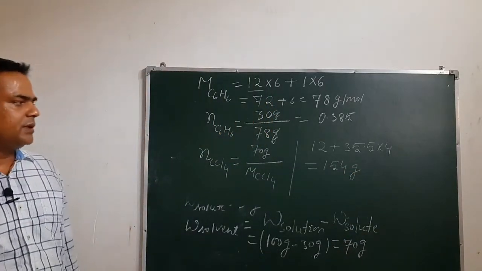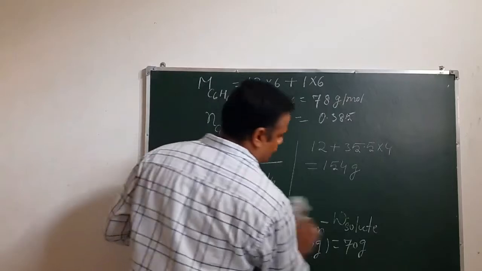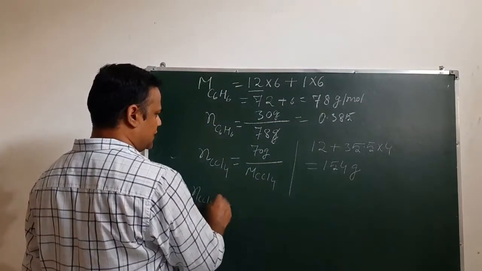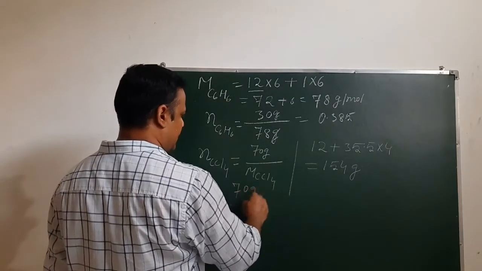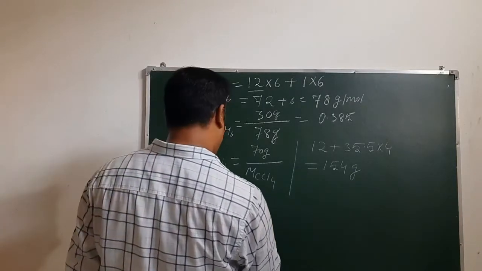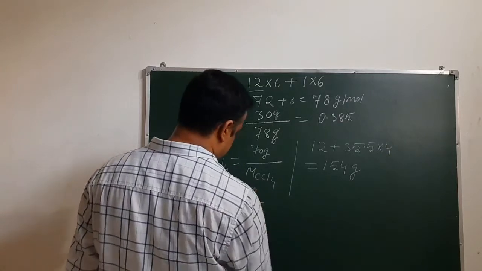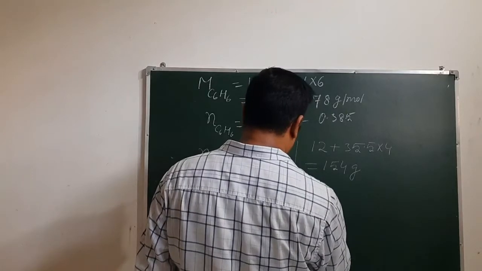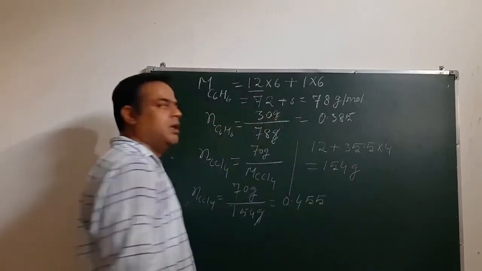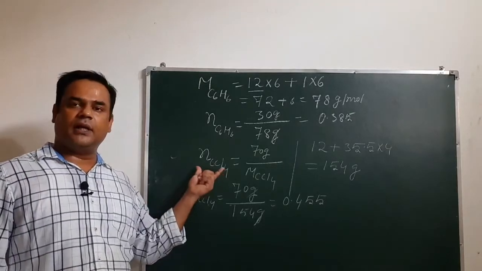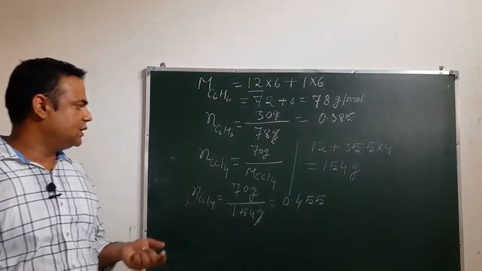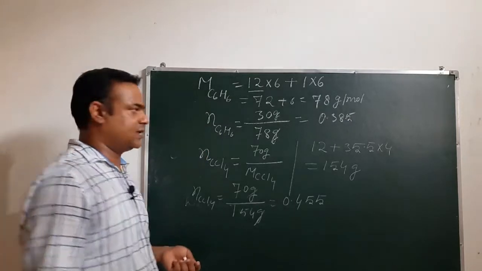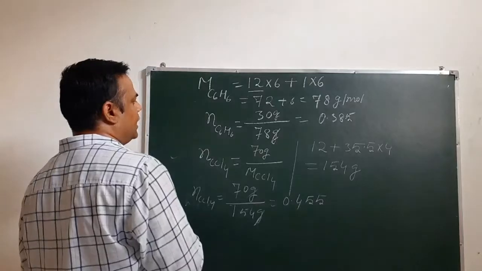So molar mass of carbon tetrachloride is 154 gram. If we calculate moles of CCl4, this will be 70 gram divided by 154 gram. Gram will cancel out, and if we solve this, we'll get around 0.455 mole. Now we have moles of carbon tetrachloride as well as moles of benzene. Now we can calculate the mole fraction.